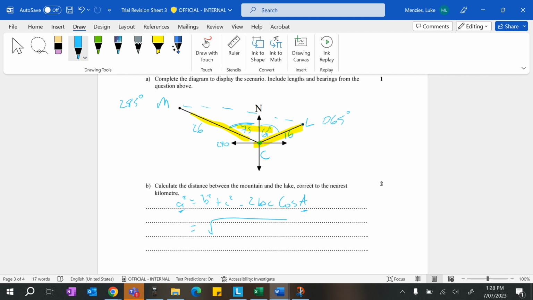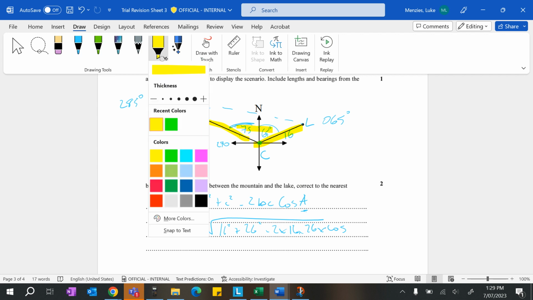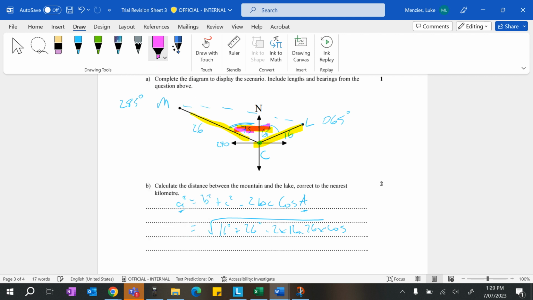I'm going to do this all in one hit, just because I'm looking at my time. My b and c don't really matter because it's all plussing and times anyway. So we're going to say 16 squared plus 26 squared minus 2 times 16 times 26 times cos of, now my angle A in this case is this bit up here.